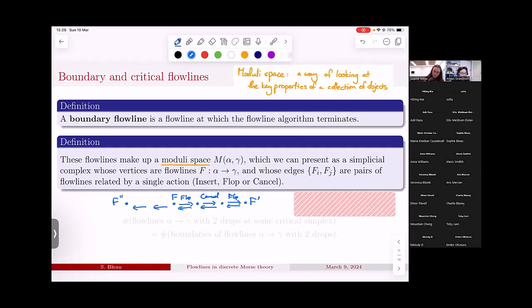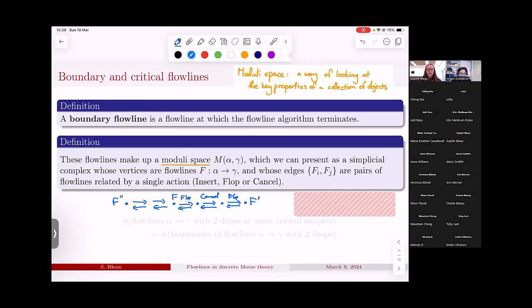But we can see that if we apply the algorithm again, we get back to F prime. In particular, if we apply the algorithm twice to a boundary flow line, we'll get back that boundary flow line.